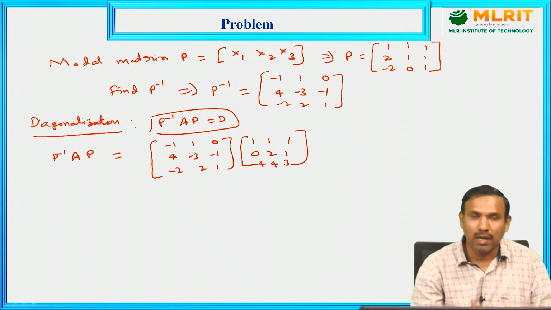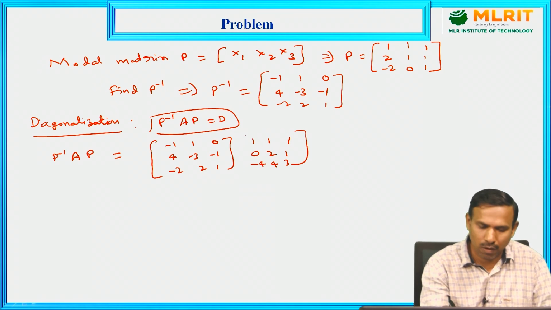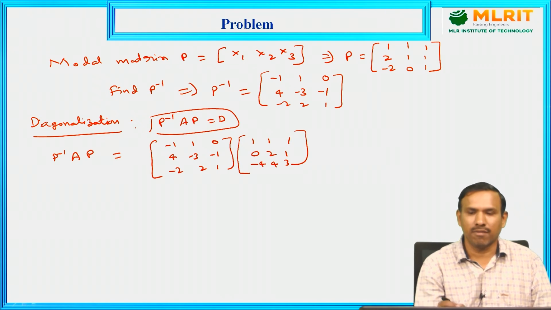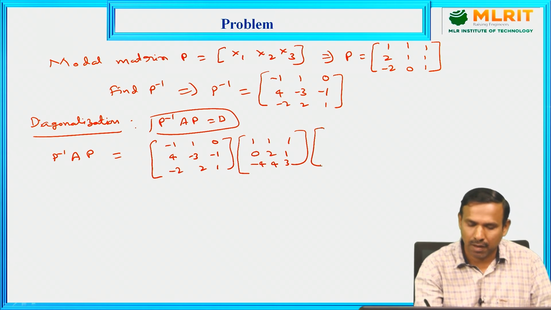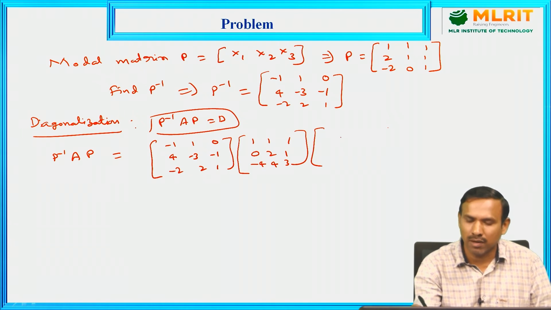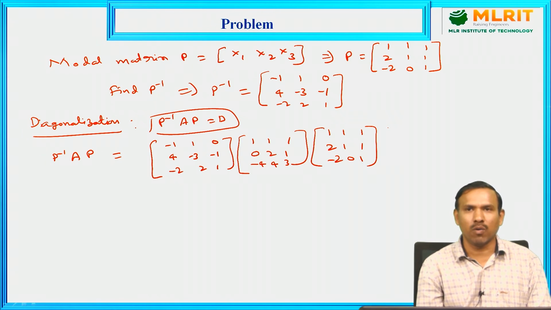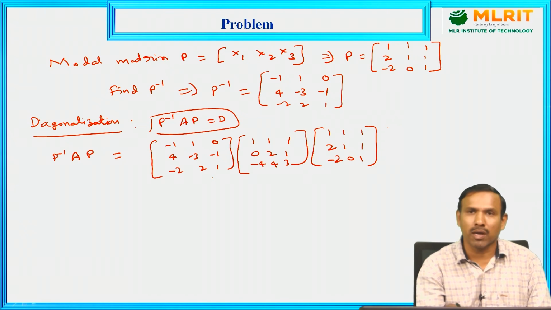So P inverse, given matrix A, and P: 1, 1, 1, 2, 1, 1, minus 2, 0, 1. These three matrices are to be multiplied. How to multiply? Enter one matrix in mat A, one in mat B, one in mat C in the scientific calculator. At a time you can multiply these three, and that will be the resulting matrix.